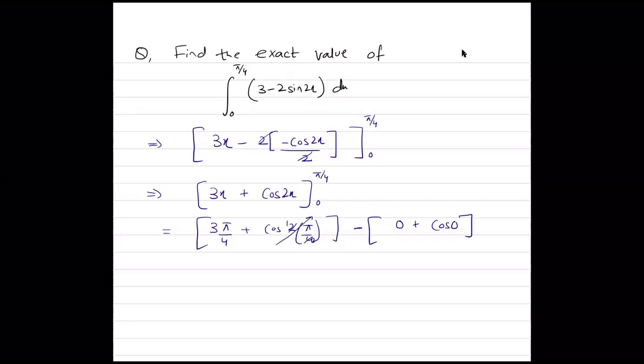Cos of pi by 2 is 0, so this is going to give you 3 pi by 4 minus cos of 0, which is 1, so this should be your final answer. Yeah, so I integrated 3 wrong. Okay.